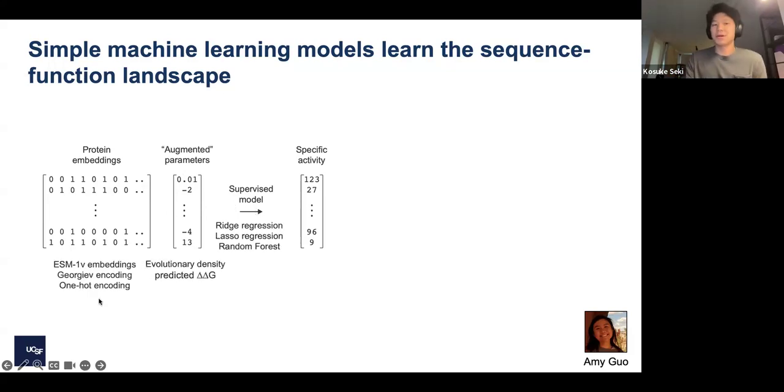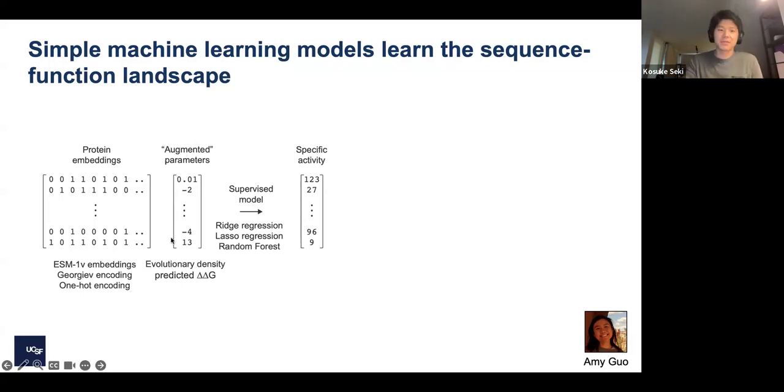So here I'm just showing you all the different variables that we tested. On the embedding side, we tested ESM protein language model embeddings. We tested these Georgiev encodings, which have information about the physical and chemical properties of each amino acid. And then we just tested a one-hot encoding.